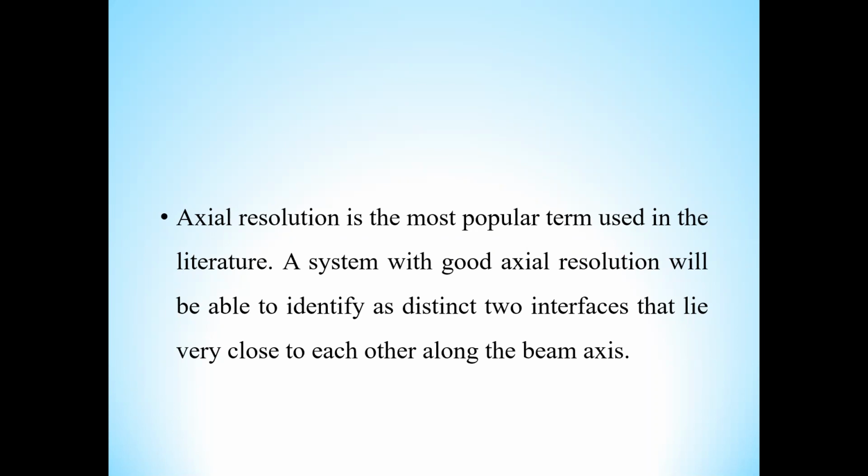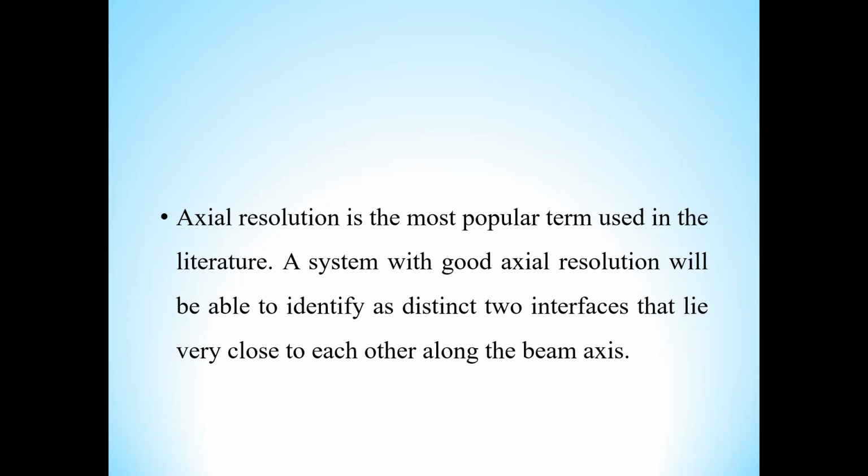That's why for the evaluation of deep structures, we decrease frequency, while for superficial structures, we can use high frequency. That's why I used the word possible in this phrase.